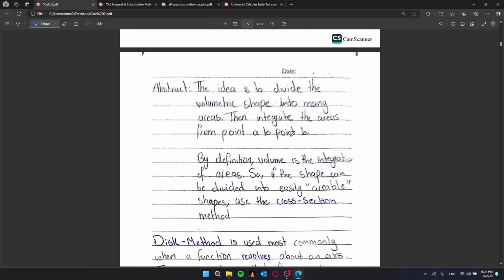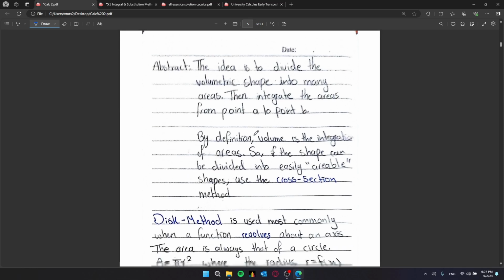Now, this is what I was talking about earlier. The abstract vision here is that you're dividing a shape into many small areas that you can find the area of, and then integrating those areas from one end of the shape to the other end. By definition, volume is the integration of areas, so the shape can be divided.